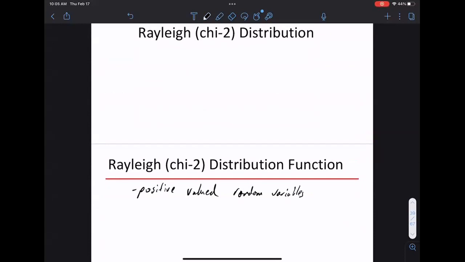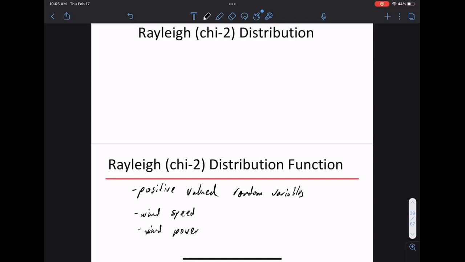For example, people said, if you look at things like wind speed or wind power, these are inherently positive numbers. So I want some distribution that only works for positive numbers.